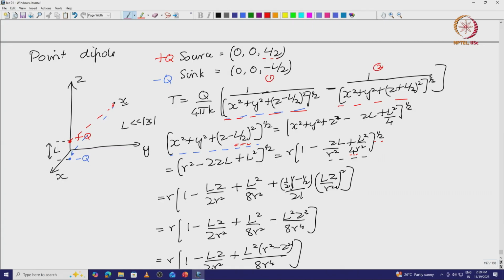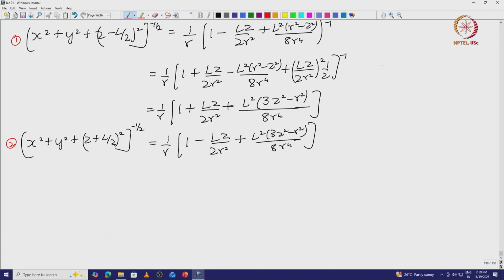When I subtract out the 2, 1 over r times 1 will cancel, the second term will just give me Lz by r square, and the third term will cancel. So, therefore, I will get the temperature field as q by 4 pi k into Lz by r square.